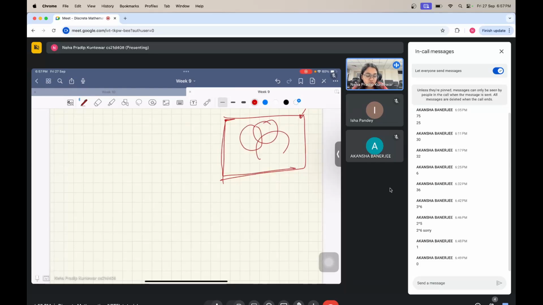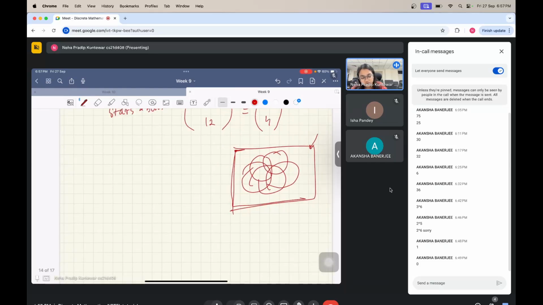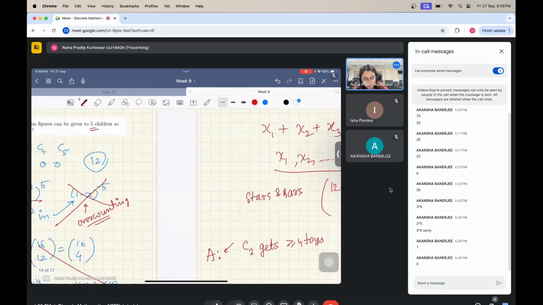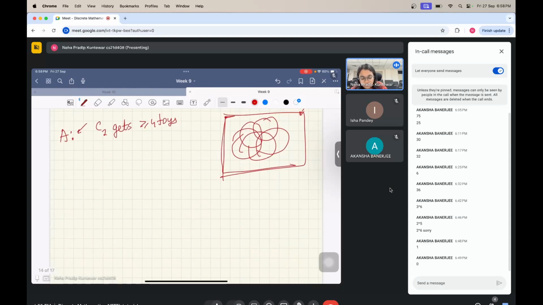Then you further want to find out these sets. So let's say, for example, you want to find out the total number of ways in which child 1 gets at least 4 toys. This is a bad event for us. So you are finding the solutions where x1 is at least 4 and x2, x3, x4, x5 are at least 0.